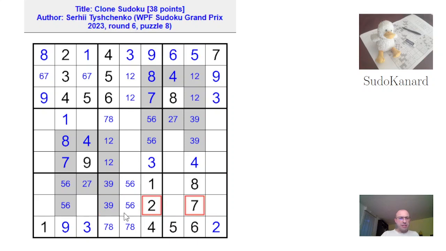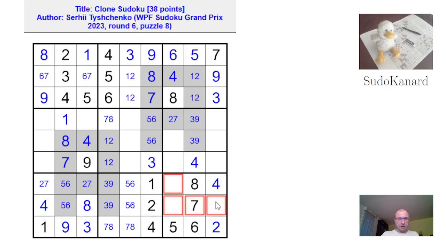2 and 7 here, they are not there, so this is the second 2 or 7 on this row. And those are 4 and 8, I think there's an 8 here. 4 goes there.